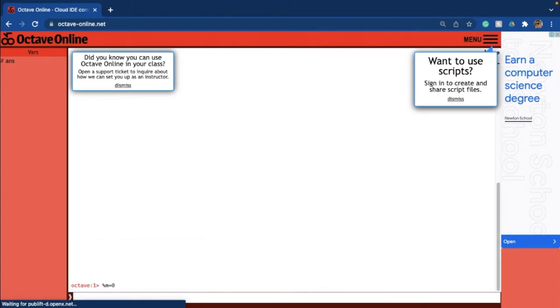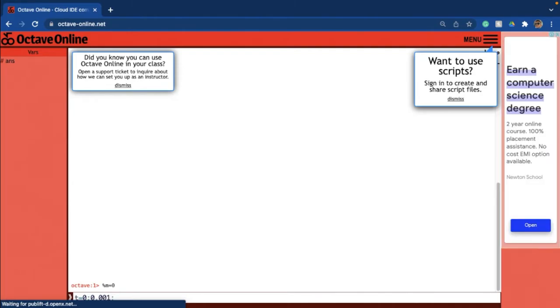So here my time t is equal to 0 : 0.001 : 1.